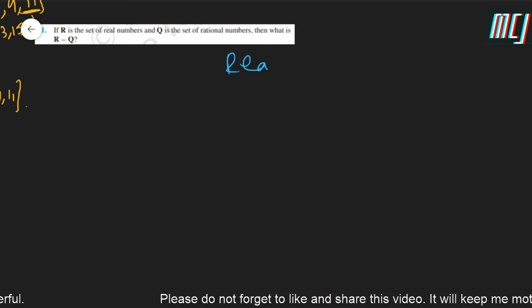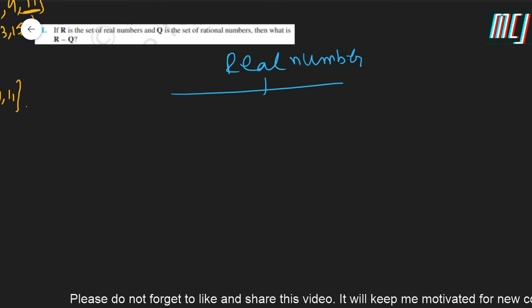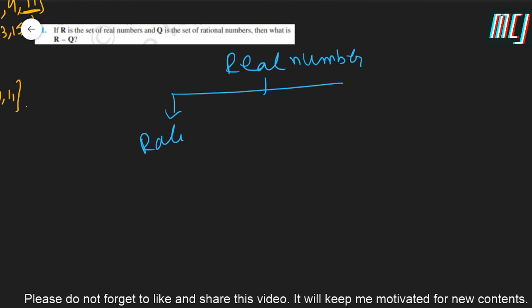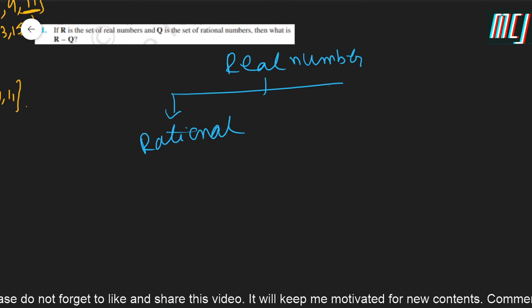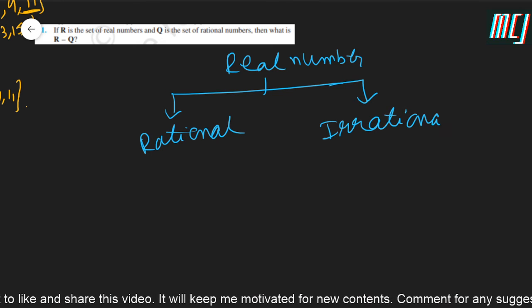So here real numbers, two parts. One is rational. Another one is irrational. Okay.